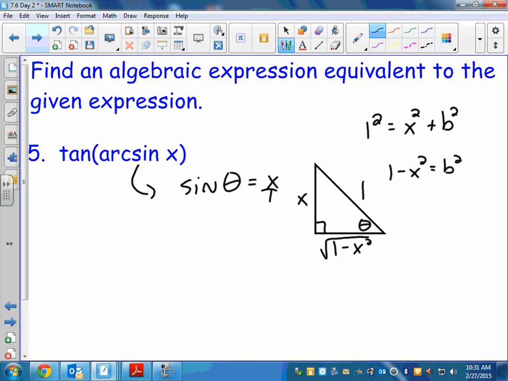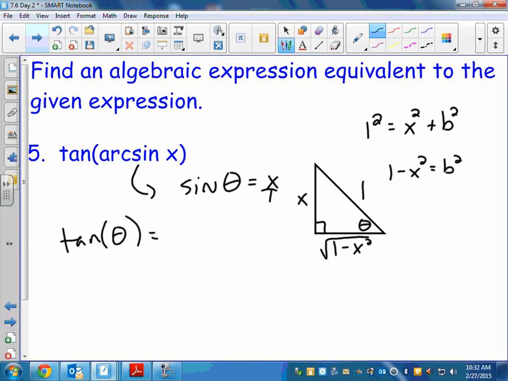We're not even done yet, because all we did was kind of draw a triangle based on the inside part. And just like we did on the last one, now we want to evaluate the outside function. I don't know what this is, but it's equal to whatever theta is. Do you agree with me on that? Like arcsine of x is equal to whatever angle has that value, so I just call it theta.